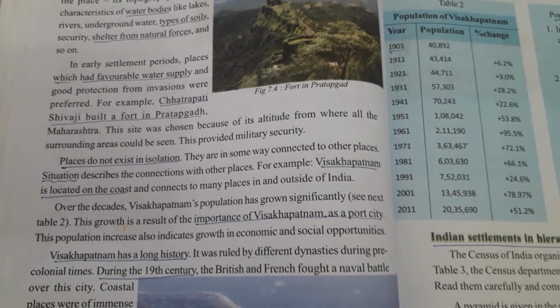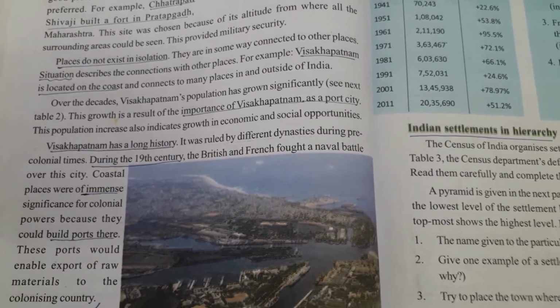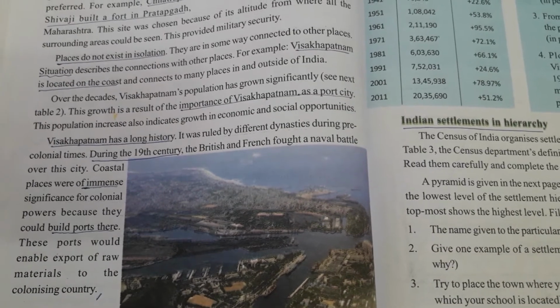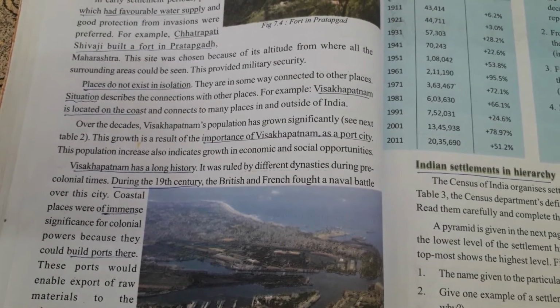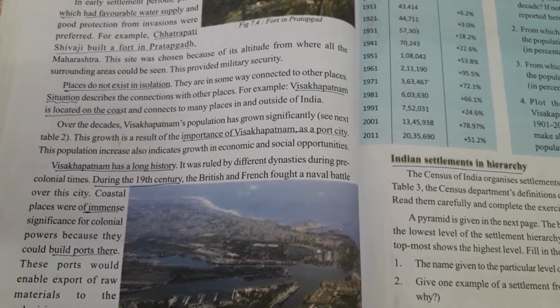Coastal places were of immense significance for colonial powers because they could build ports there. These ports would enable export of raw materials to the colonizing country. At the time, many colonial powers fought to occupy Vishakhapatnam, because there was a chance to export raw material to their countries.